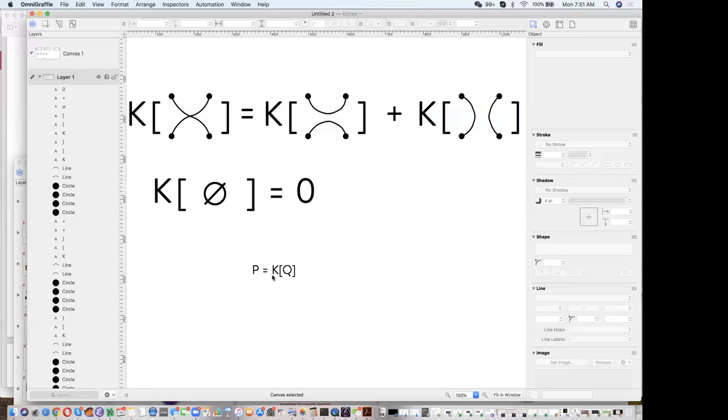So let me use C for context instead of K, so we're not confused. And this is some crossing, so I'll write that crossing as an X. So it's the process X that represents the crossing, and then there's a horizontal and a vertical.